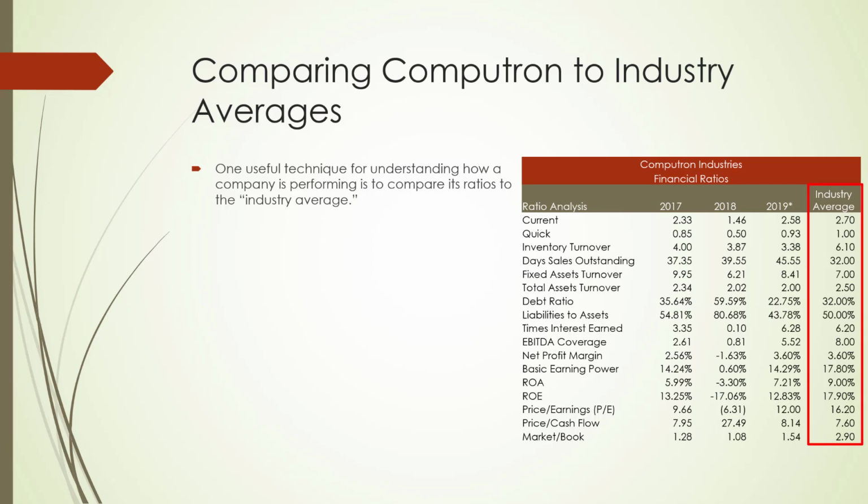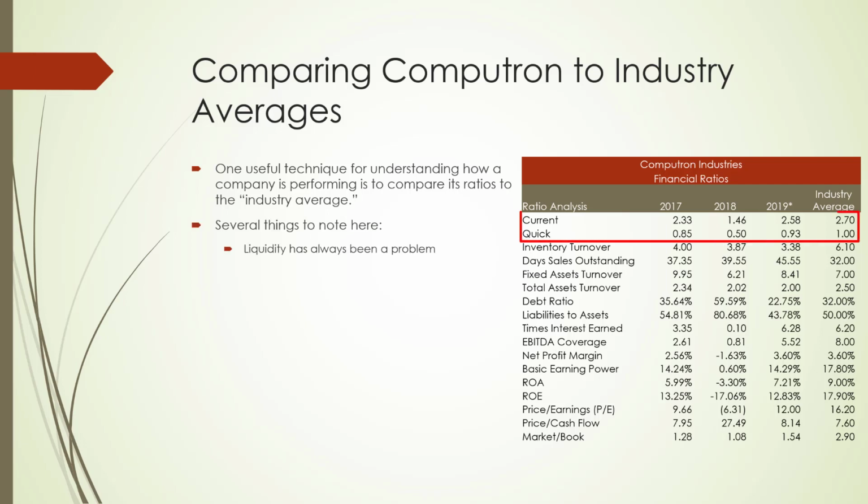Now, they've given us here a table of these ratios and the industry averages, so we can compare Computron to the industry averages. And there are several things that we can note from this table. First of all, liquidity has always been a problem. If you look at the current and the quick ratios, they are always less than the industry average. So that tells us that Computron has a liquidity problem.